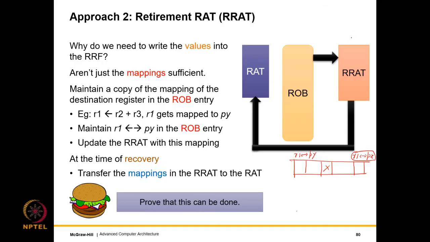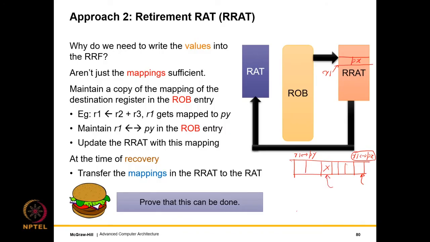When this instruction was being committed, we go to the entry corresponding to R1 and we write Px over there, which means that from the point of view of this instruction and all the instructions fetched before it, Px contains the latest value of R1. Or in other words, when this instruction was being renamed, just after it was renamed, Px contained the latest value of R1. Next, assume we commit a few more instructions but nobody writes to R1.